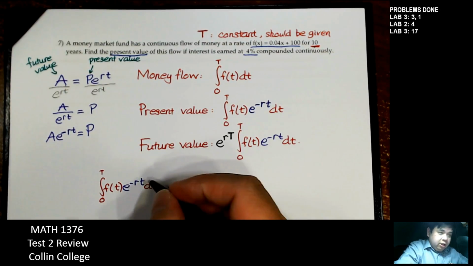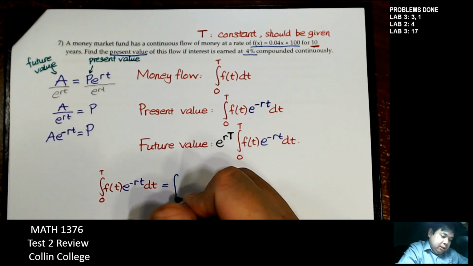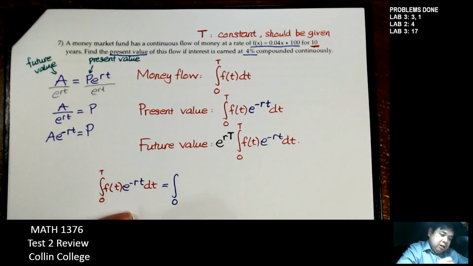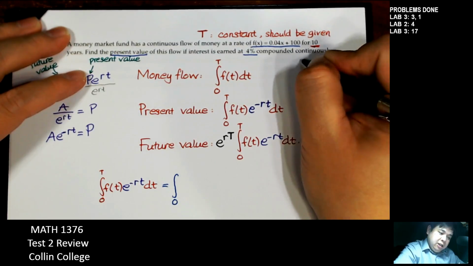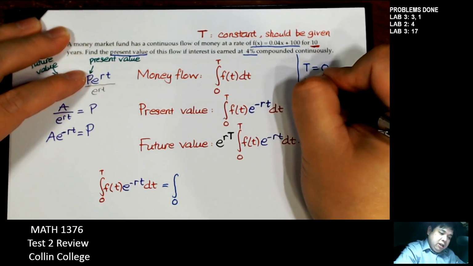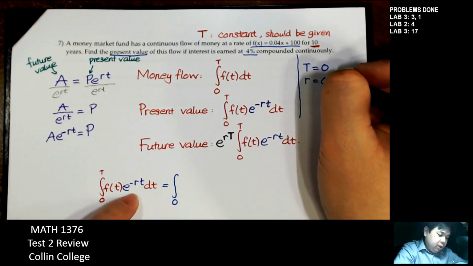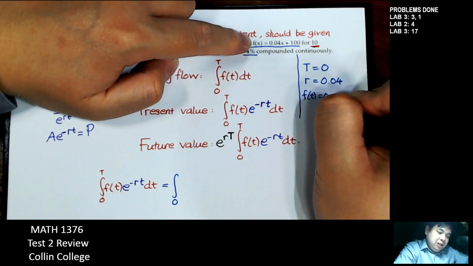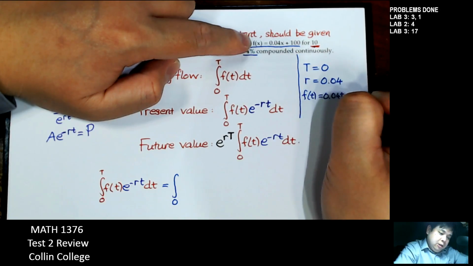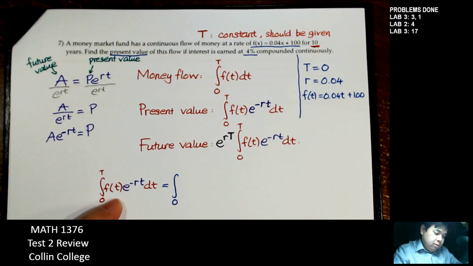So in this particular problem, we just have 0 to 10. I should write everything given here. So T is 10. The rate is 4%, meaning 0.04. The function, I should convert that to t. And that's it.